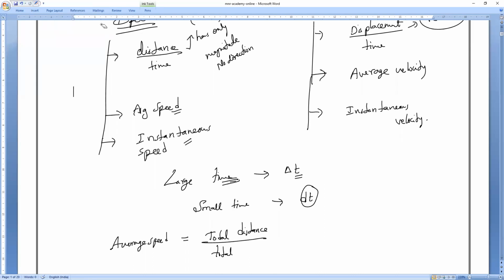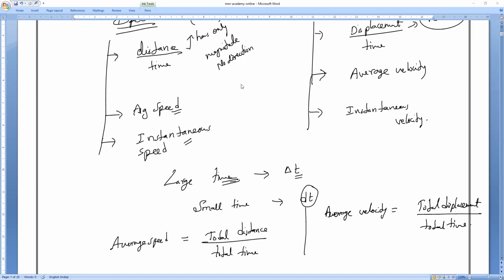Similarly, average velocity: instead of distance, what will come here? Total displacement divided by total time taken. So that is average speed as well as average velocity.